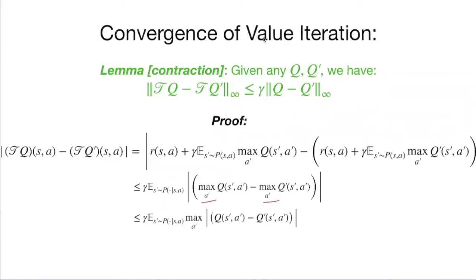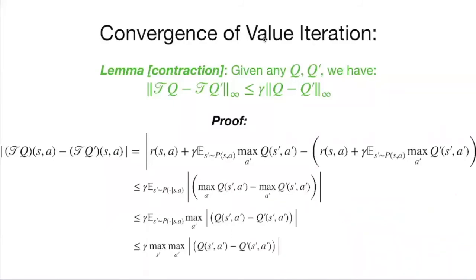This is the classic inequality: max over x of f(x) minus max over x of g(x) is less than or equal to max over x of the absolute difference of f(x) and g(x). Definitely try to convince yourself this classic inequality is true. You need to discuss it case by case to prove it.